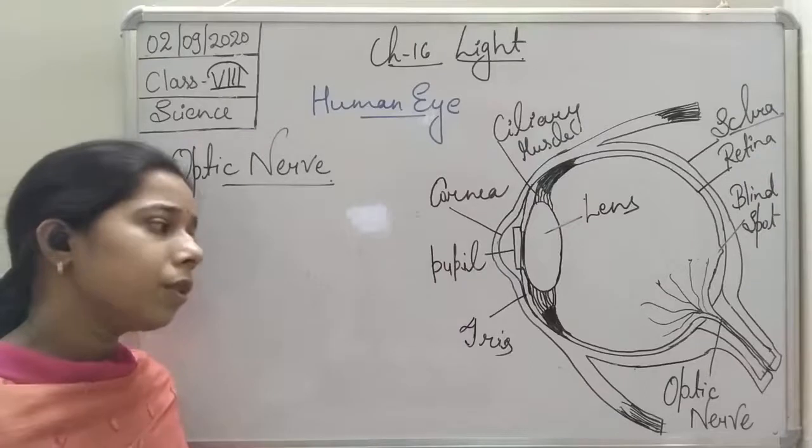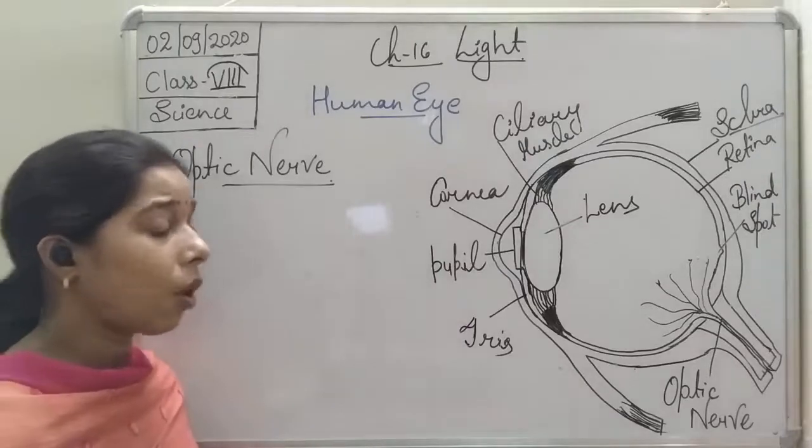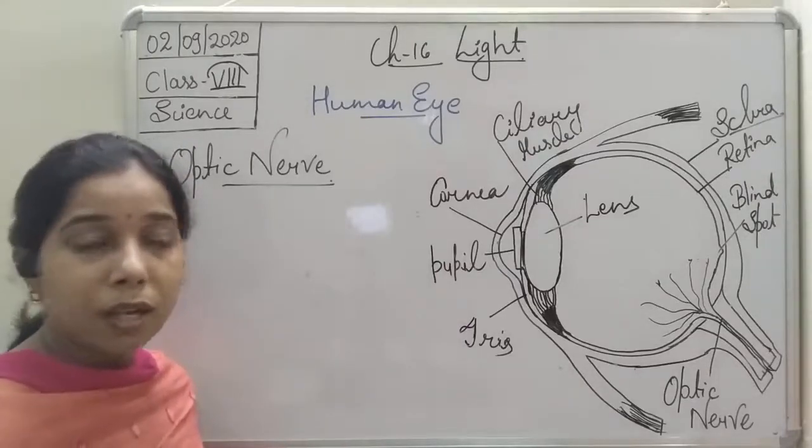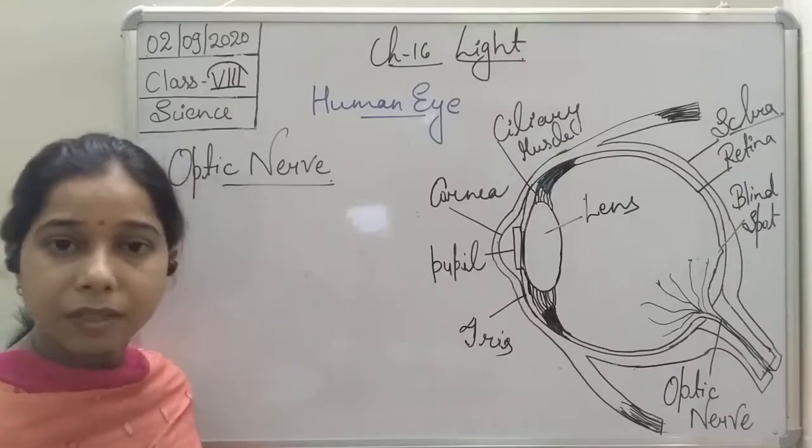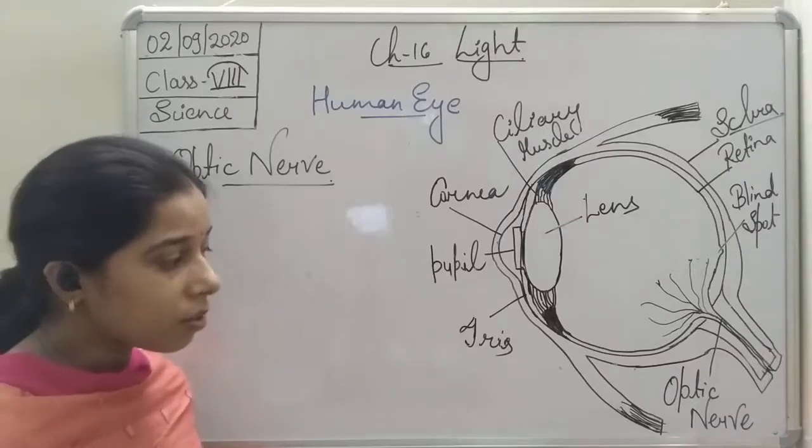Okay, and you see here, student, it is a nerve. It consists of nerve cells, the eye nerve we can say.